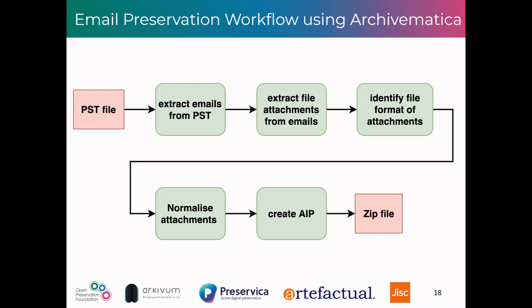PST archives get extracted into folders of individual emails in EML format. These in turn have their file attachments extracted, so images, documents, PowerPoints, etc. The file attachments are then normalized into preservation versions, for example, PDF files. Then the whole lot, including the original PST file, is assembled into an AIP that's optionally zipped up.